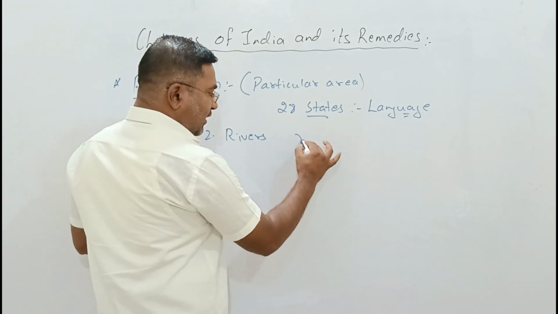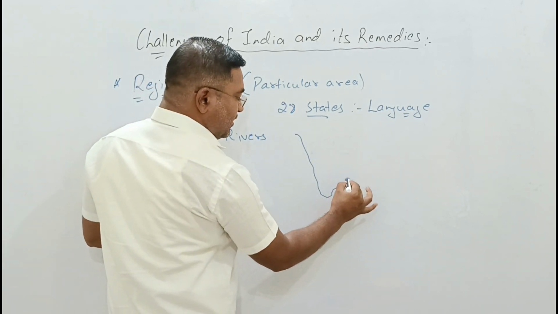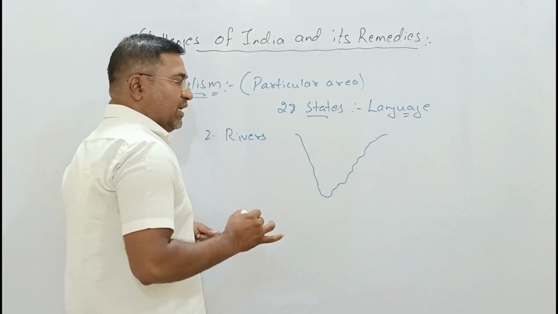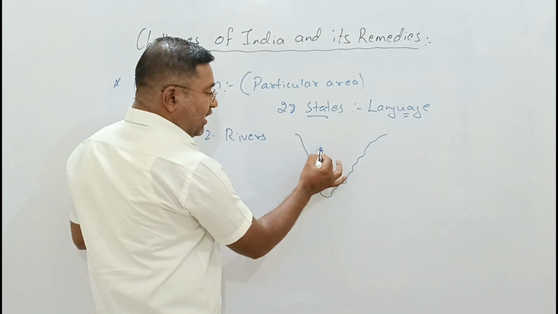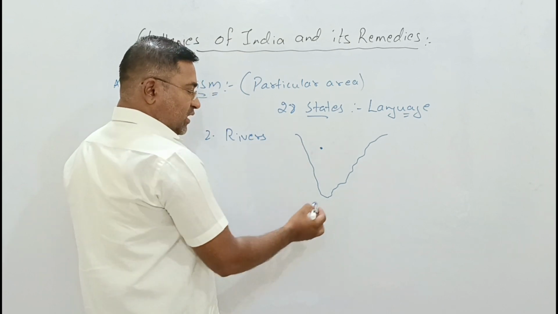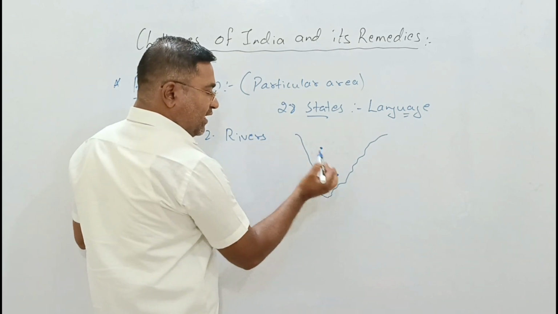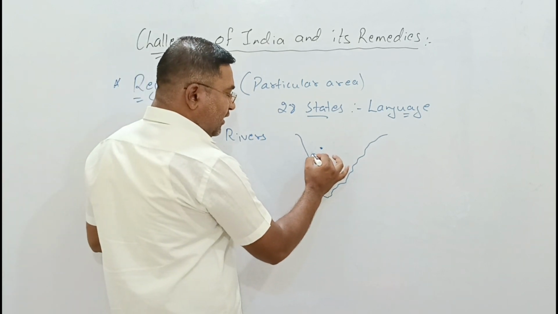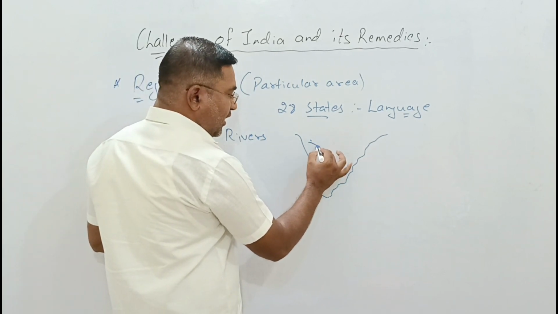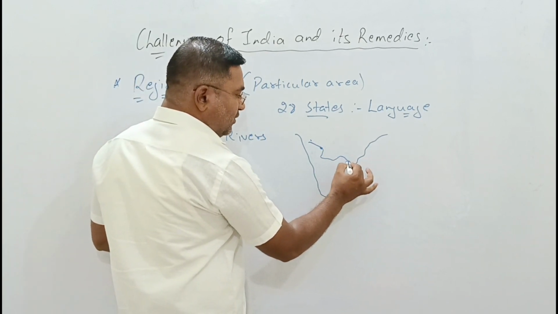As an example, when we go to the southern part of the country, India, there is the Krishna River and the Kaveri River. The Krishna River flows from Maharashtra to Karnataka to Andhra Pradesh.